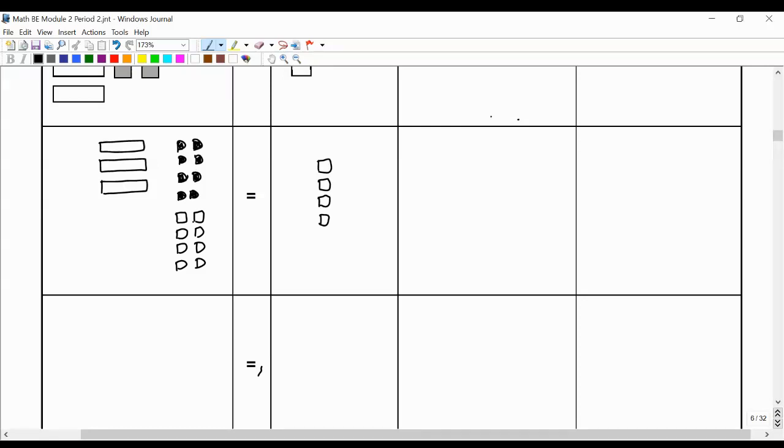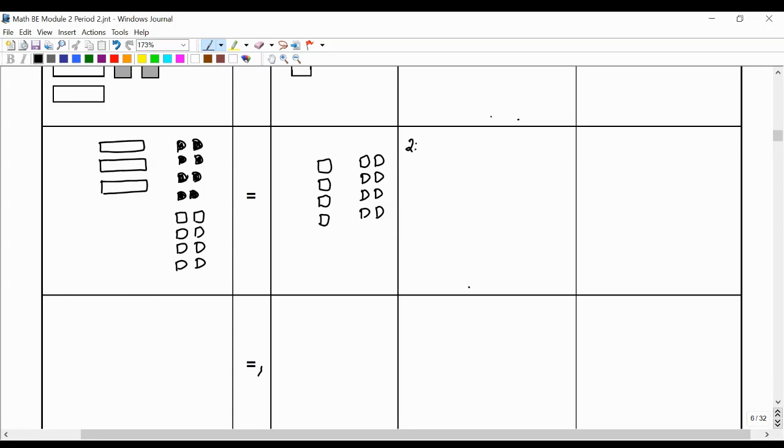But in order to justify doing this, I have to do the same thing on the other side of the equation. So I'm going to draw 8. Notice how I set them apart from the other one. So I make sure that I'm drawing 8 new ones on the left. And then to be fair, I'm drawing 8 on the right as well.